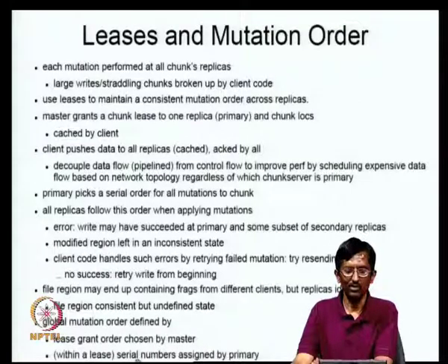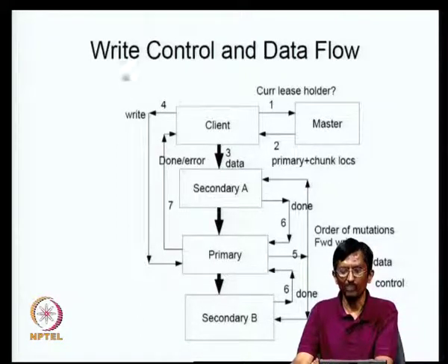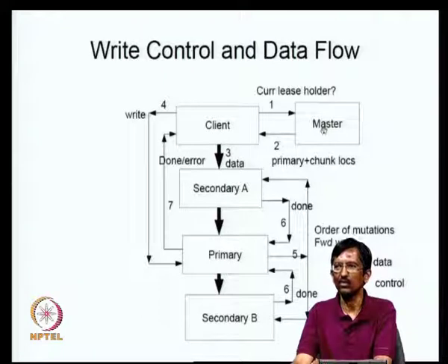Within a lease, serial numbers are assigned by the primary, because the primary decides which order each of those mutations has to take place in. So, if you have multiple concurrent writes, the way the master gives the lease decides who gets started, and then within the lease the primary orders the various mutations, and that same order is followed by all the secondaries.